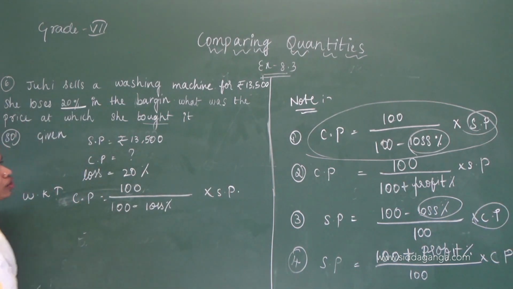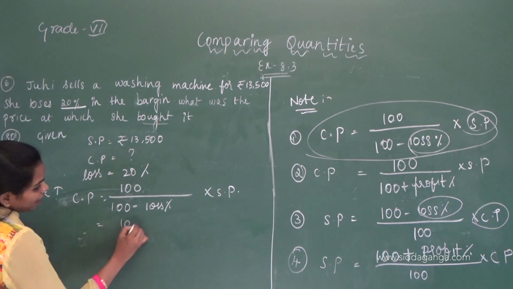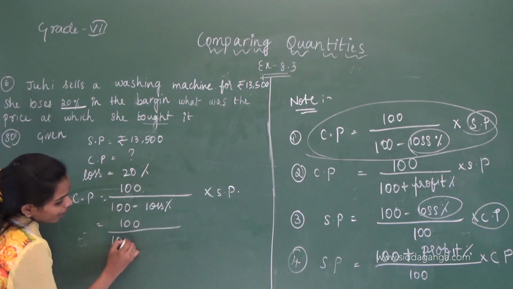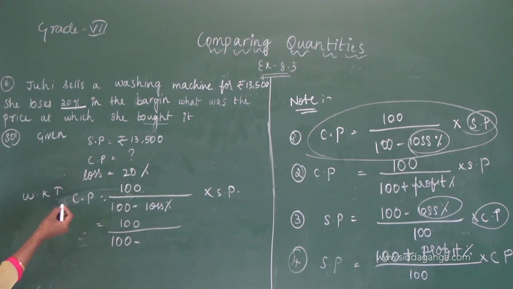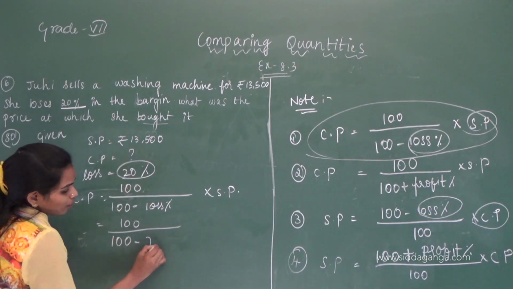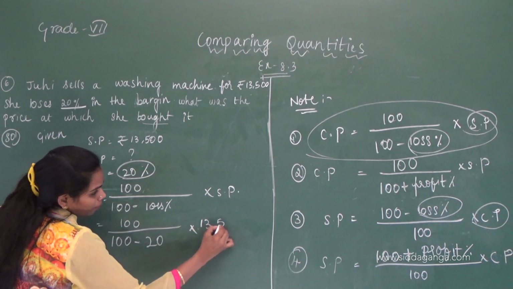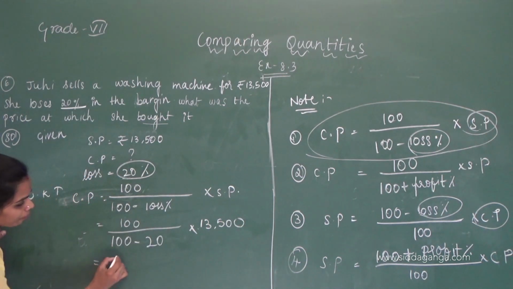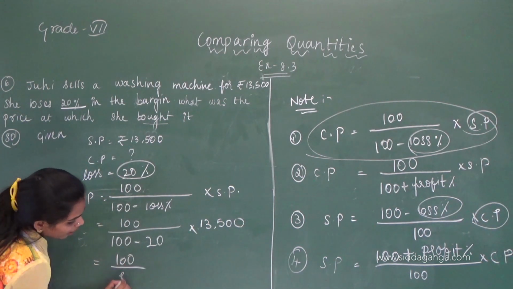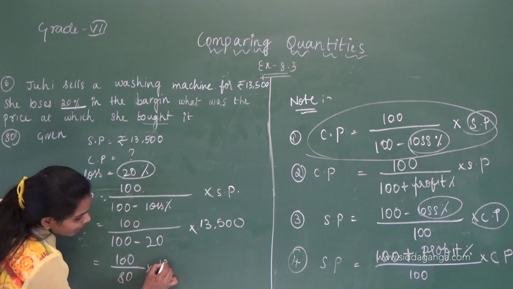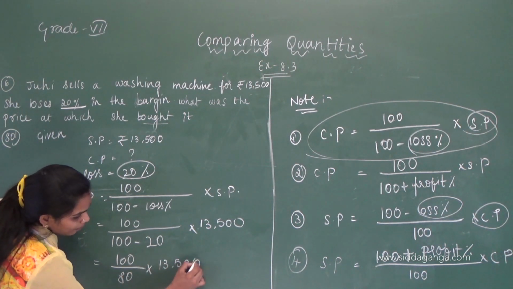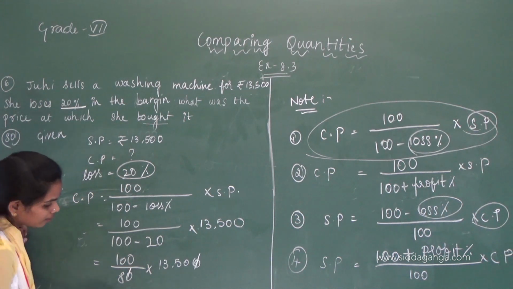SP means selling price of the washing machine. 100 divided by 100 minus loss percentage. What is loss percentage? 20, into SP, 13,500. 100 divided by 80 into 13,500. Correct?